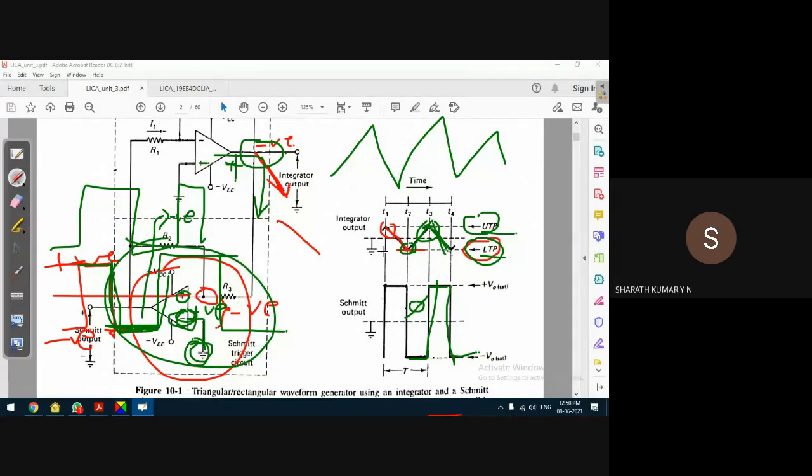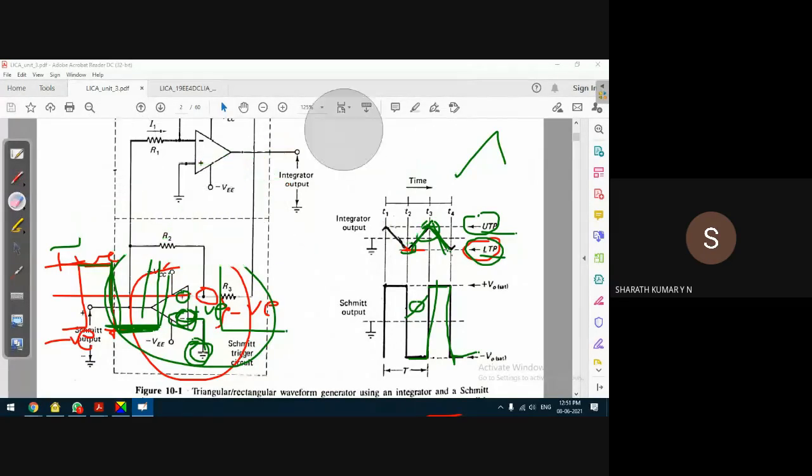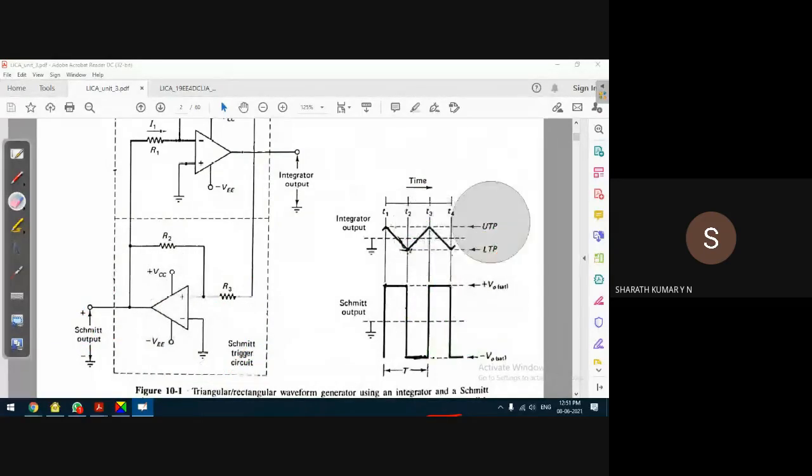The other possibility is if we use the inverting Schmitt-Trigger circuit, meaning connect the output of the integrator to the inverting input and connect the non-inverting input to ground. What will happen is, when the integrator output goes from positive to negative saturation, the Schmitt-Trigger output goes from negative to positive.